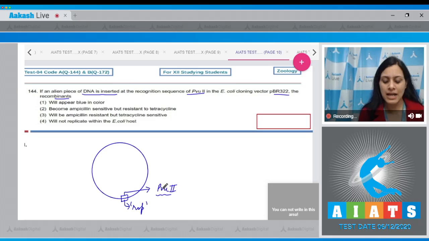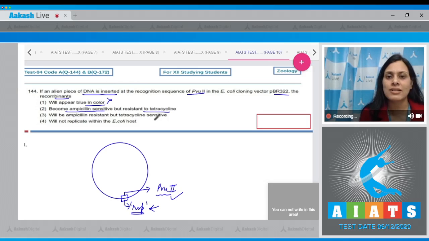If you digest this plasmid with this enzyme, this will lead to the inactivation of this gene, rop gene, and based on this, the recombinants will appear blue in color. This is incorrect. The next option says become ampicillin sensitive but resistant to tetracycline. This is incorrect because ampicillin resistance gene and tetracycline resistance gene remains unaffected.